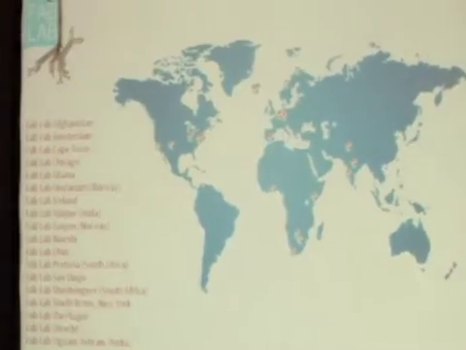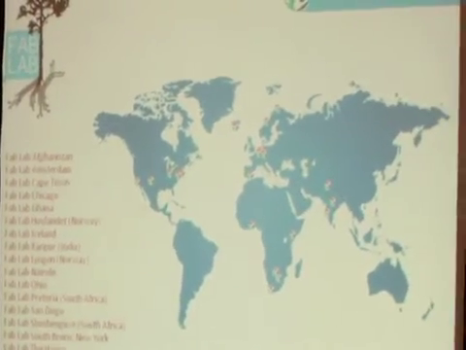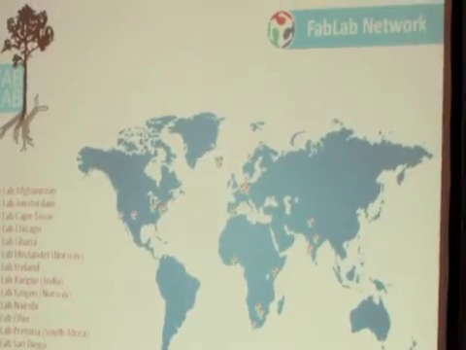This is a nice map showing Fab Labs around the world and some of the locations and listing them. Fab Labs are planning to try and grow exponentially, which is, I think, an insane undertaking, but a very bold and brave one.